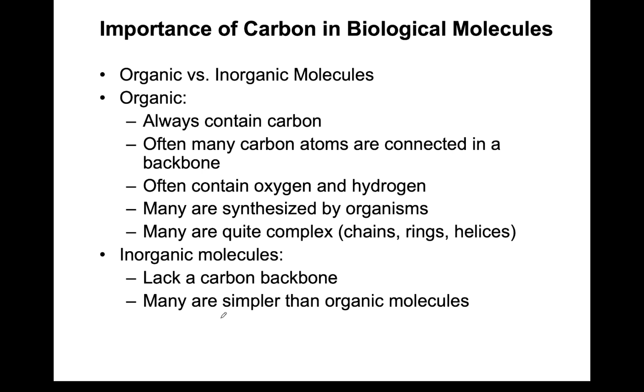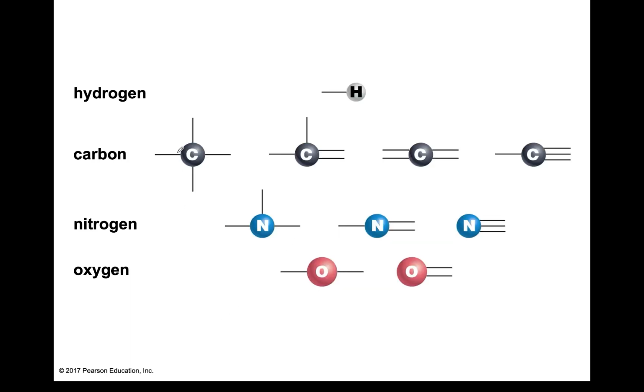Let's think about that. Look at this carbon structure. A carbon atom can form up to 4 chemical bonds because it has the second shell. It only has 4 electrons, and it wants 4 more electrons so that the second electron shell can be fulfilled.